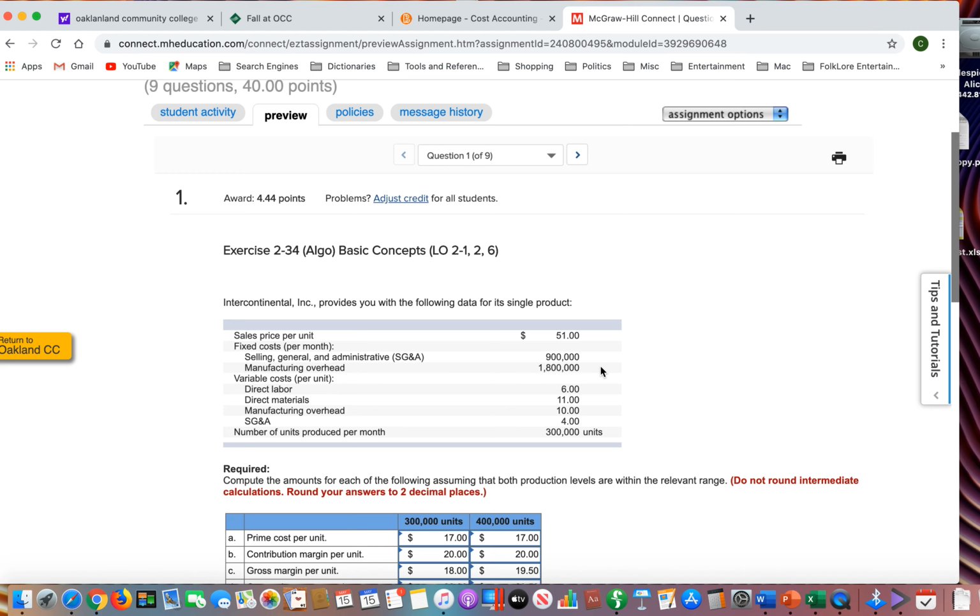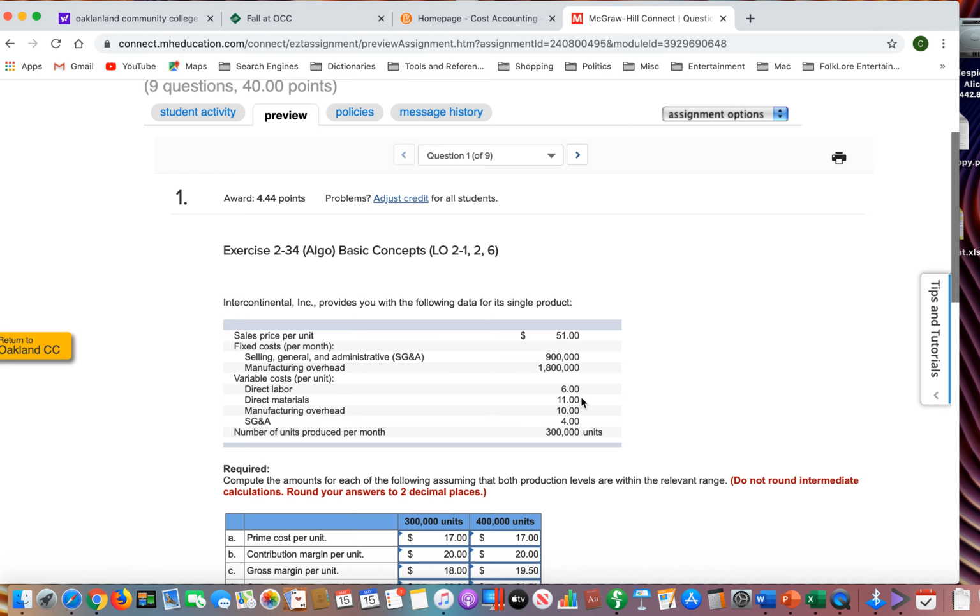So there's $6 per unit of fixed manufacturing overhead, plus the variable manufacturing overhead of $10, that's $16, plus the $17 of direct labor and direct material.